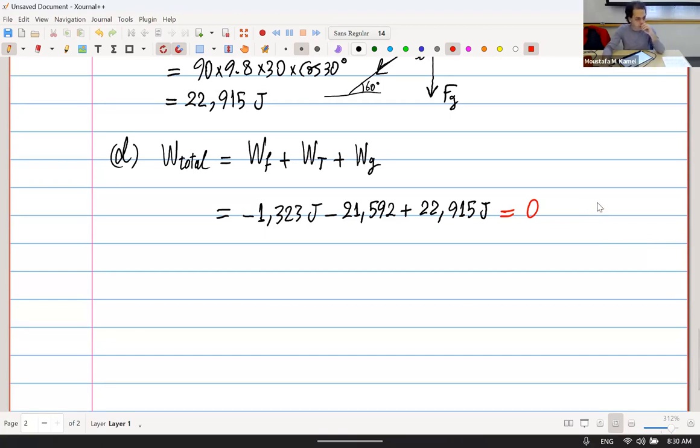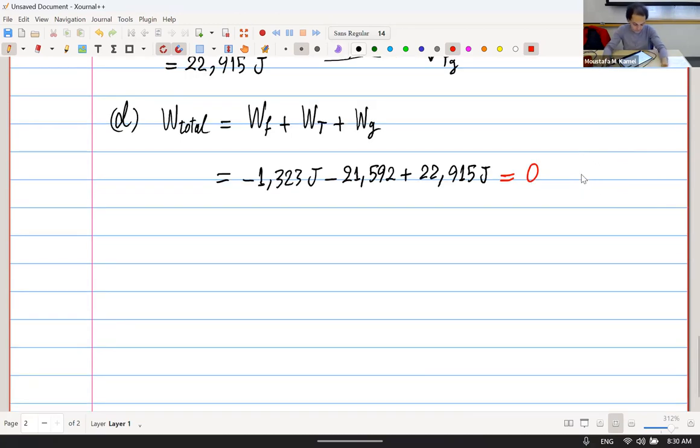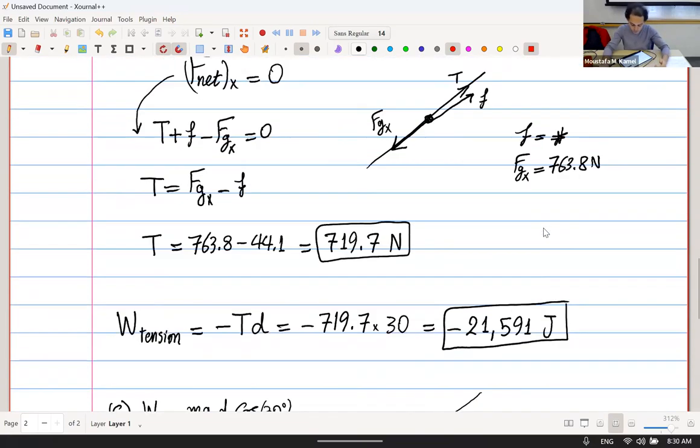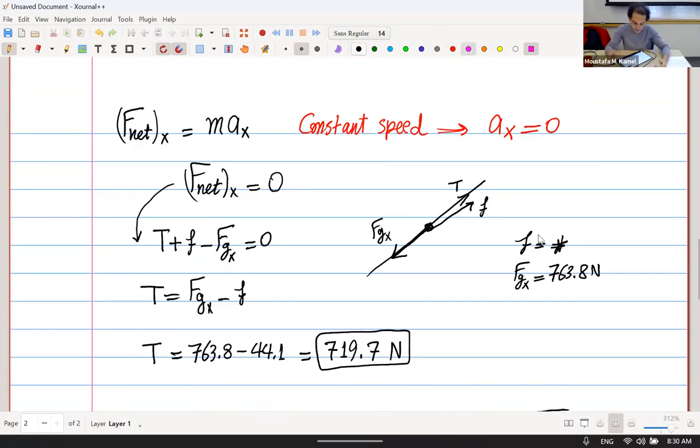And the reason why it should be 0 is constant speed, so there is no change in kinetic energy. And we said before that the change in energy is equal to work done. So if there is no change in energy because of constant speed, then the work done has to be equal to 0.